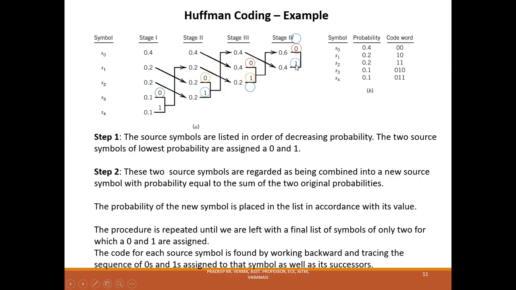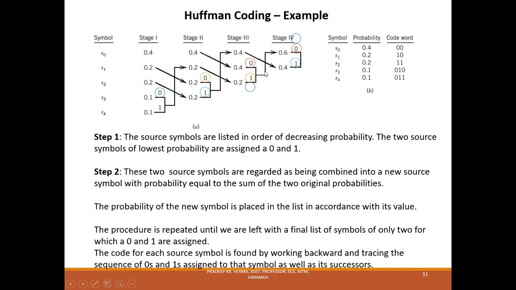Then by going backwards we can see that 0.6 is a combination of 0.4 plus 0.2. Then the code for 0.6 is 0, so we will just write down 0 for both the 0.4 and 0.2. Then we will again assign the zeros and ones. So we will assign 0 to the upper symbol, then 1 to the lower.